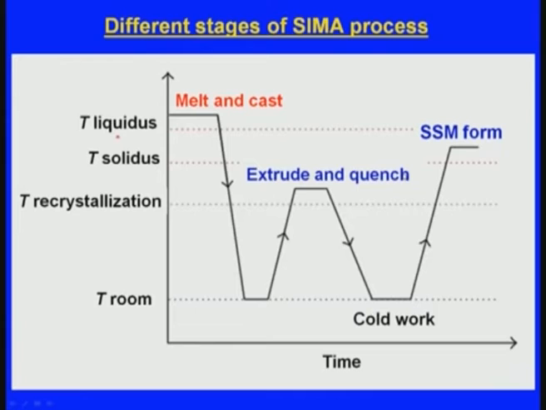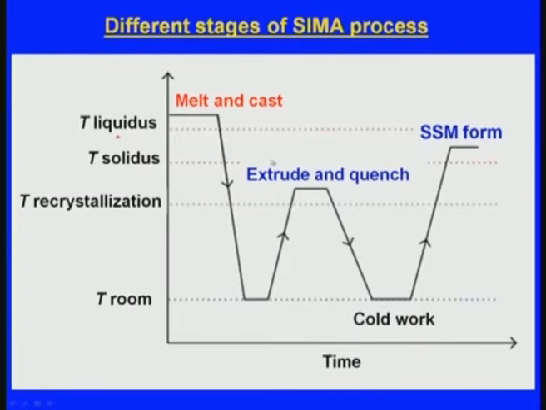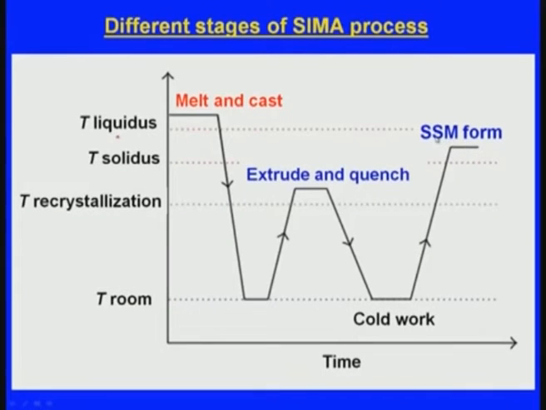Deformation, extrusion and quenching between the room temperature and the solidus temperature. It is extruded and it is quenched. So, this process will be repeated. Finally, it will be injected into the two dies of the die casting machine between the solidus temperature and liquidus temperature. This is the SSM form temperature, between the liquidus and solidus temperatures.